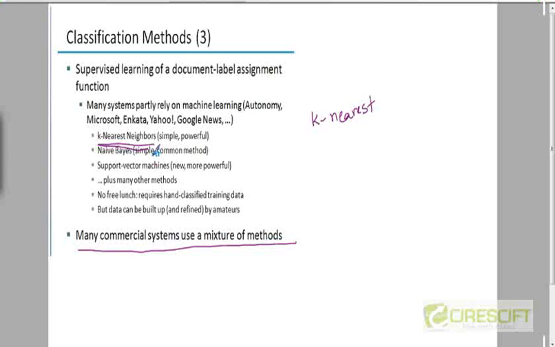And you can think of variants of this method. You can think of not just doing pure majority voting. Maybe you also want to assign some score for each of the nearest neighbors, because some neighbors are closer to your test document than other neighbors. So you don't want each neighbor to contribute equally to the score.